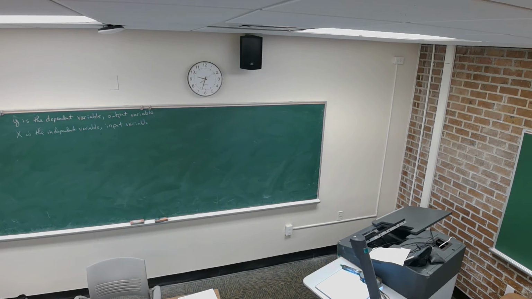Now, for a graph that demonstrates y-axis symmetry, it's true that for any point on the graph, like the point (2, 4) here, if you change the sign of the x coordinate, that point is on the graph. So if we change the 2 to -2, then the point (-2, 4) is on the graph.